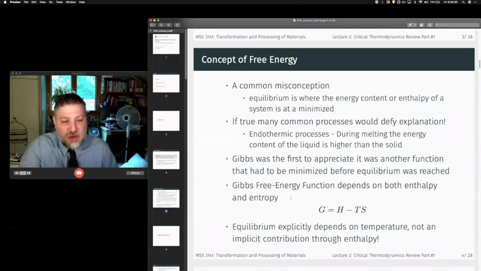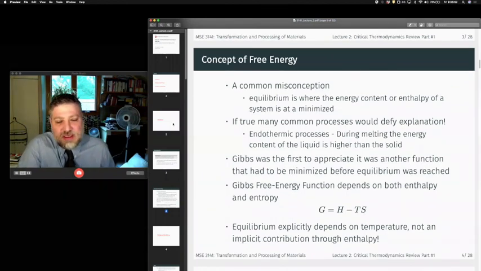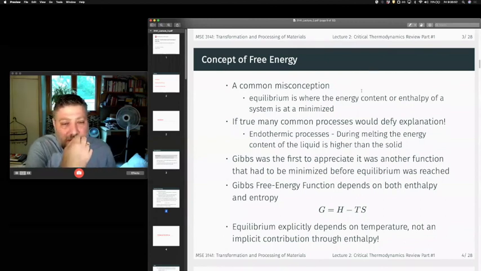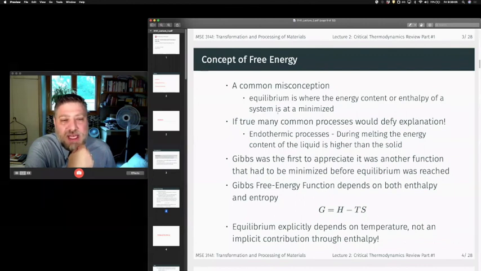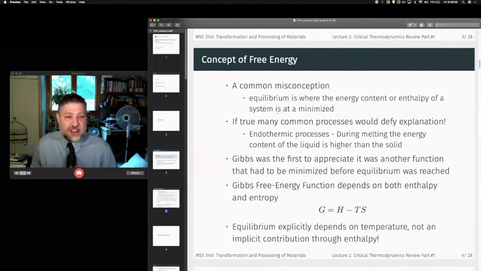Okay, so first off, let's move towards a concept of free energy. A really common misconception, even from people who've gone through thermodynamic training, is this thought that equilibrium is where the energy content or the enthalpy of a system is at a minimum. If that were true, many of the things around us would completely defy explanation.